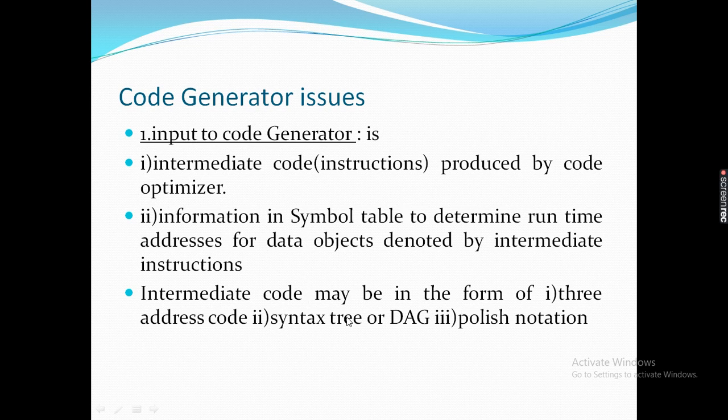Intermediate code may be in the form of 3 address code, which is the most popular representation, or a syntax tree, or directed acyclic graph, or Polish notation. In Polish notation, the expression may be in infix notation, prefix notation, or postfix notation.